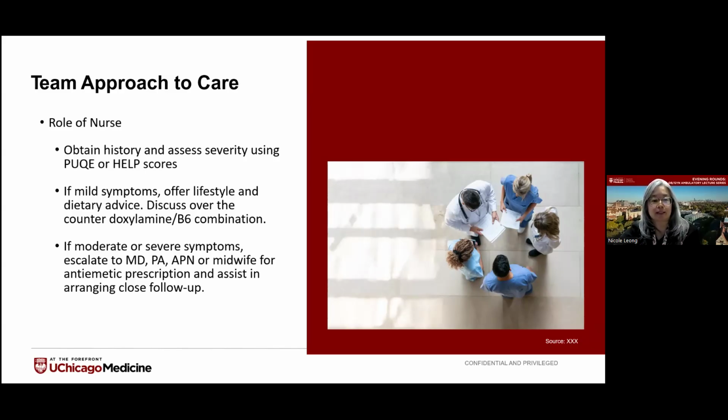If we have mild symptoms, offer lifestyle and dietary advice, and then we can discuss over-the-counter use of doxylamine and B6, or send a request to the physician to prescribe those things. And if it is really more moderate or severe symptoms, escalate to the prescriber so we can get additional antiemetics on board before things progress to be more severe.